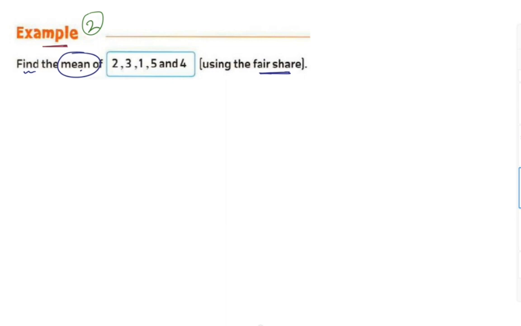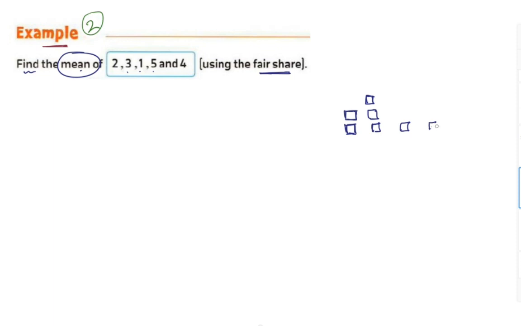But to understand the fair share, you have to figure it out. How? Watch with me. 2, just like 2 squares, like this. And the second one is 3, so you have 3 squares: 1, 2, 3. And here you have just 1 square.